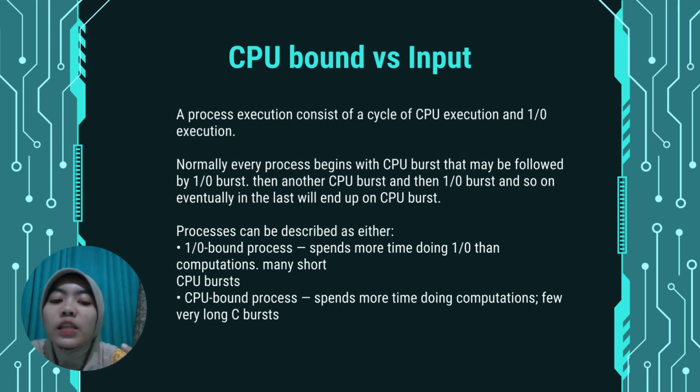An efficient CPU scheduling algorithm should take into account the characteristics of both CPU-bound and input or output bound processes to optimize system performance and resource utilization.